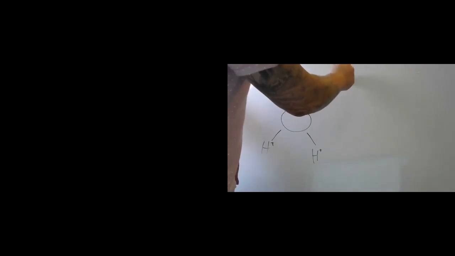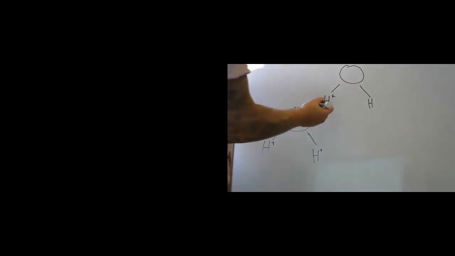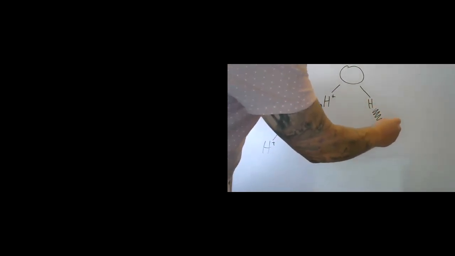So we have another oxygen molecule over here. And this attraction between the super negatively charged oxygen and the positively charged hydrogen is the reason why. Draw another one over here.